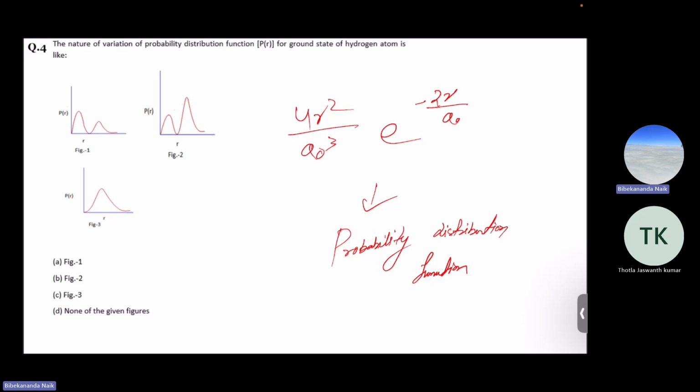If you compare it with the variation, at r equals 0, and you see the nature of this function, it will be like figure 3. It will first go on increasing, and then after r equals a0 it will fall. So the correct option will be option C, that is figure 3.